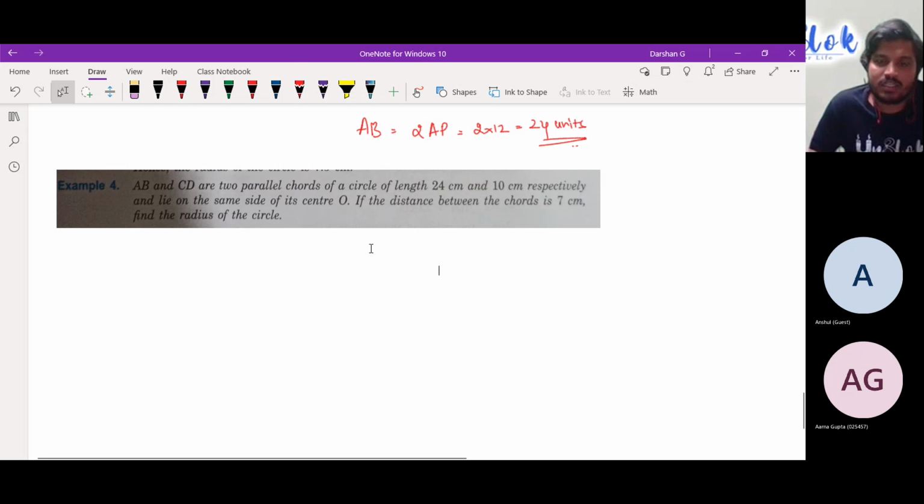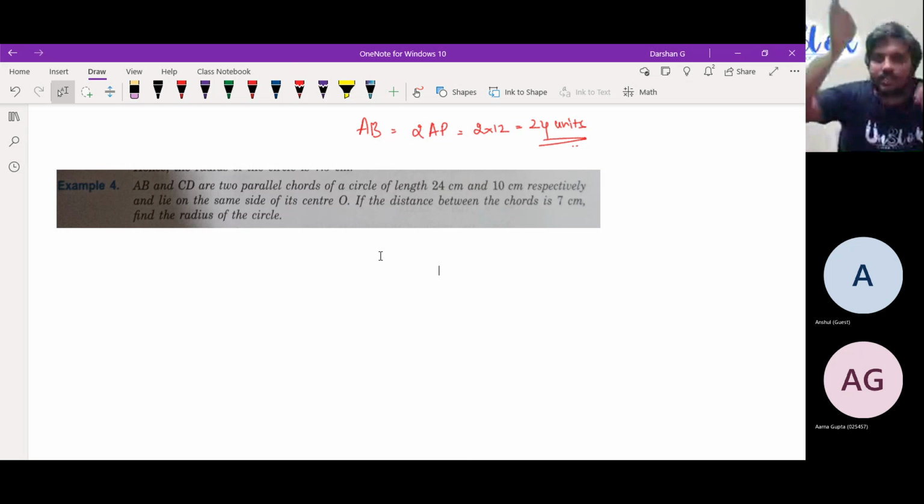You have to draw a circle with parallel chords of length 24 centimeter and 10 centimeter respectively, and they lie on the same side of its center O. So that means it is on the semicircle. If I take it as two semicircles, it's on the upper side or the down side. It might be either, but it should be on the same side. If the distance between the chords is 7 centimeter, find the radius of the circle.